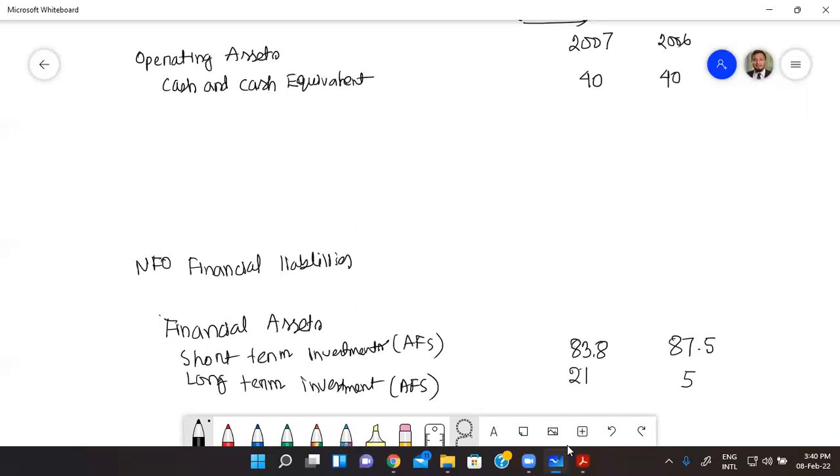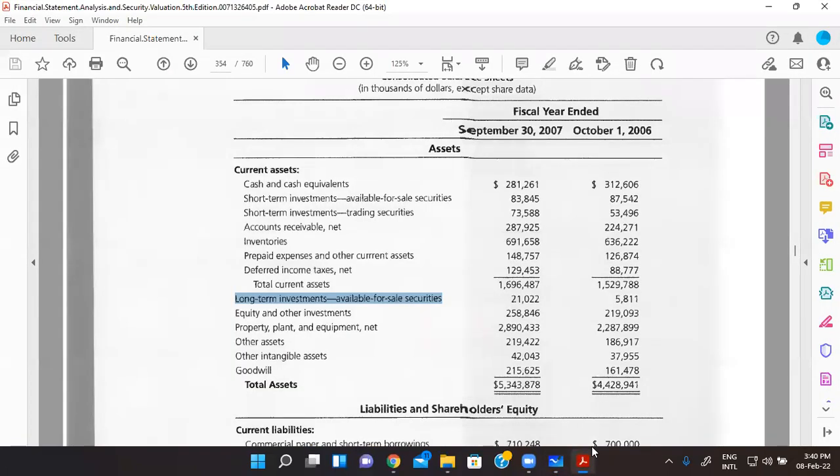Next, you would like to look at short-term investments, trading securities. What do you think? If it is in the trading securities, do we have additional information? We have some additional information probably.